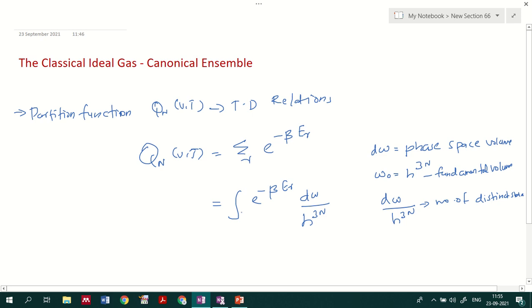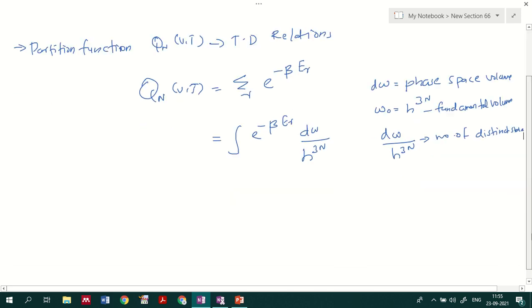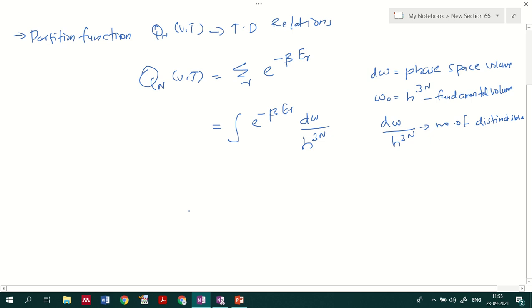When you do the integral, you extend it over the total volume, so the total number of energy states corresponding to each microstate is accumulated here. That's why we introduce d omega by h raised to 3n.